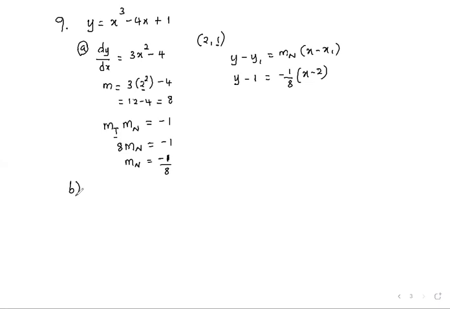So the smallest slope is obtained at x is equal to 0. So we have m is equal to -4. At what point on the curve? So you get x is equal to 0 and substitute in the curve. So the point will be (0,1).